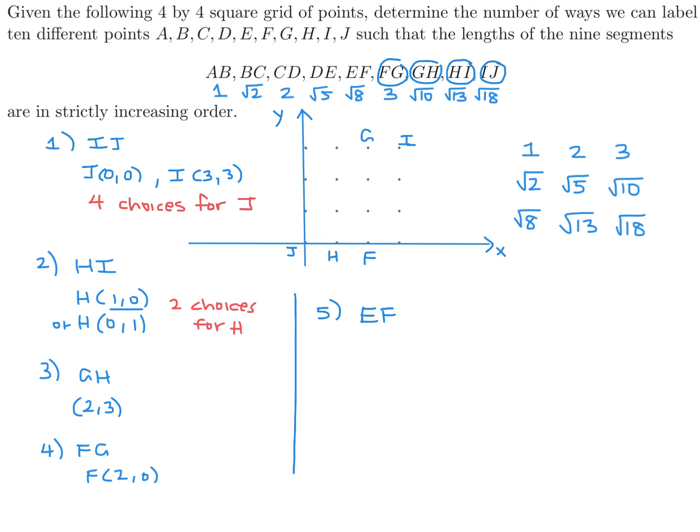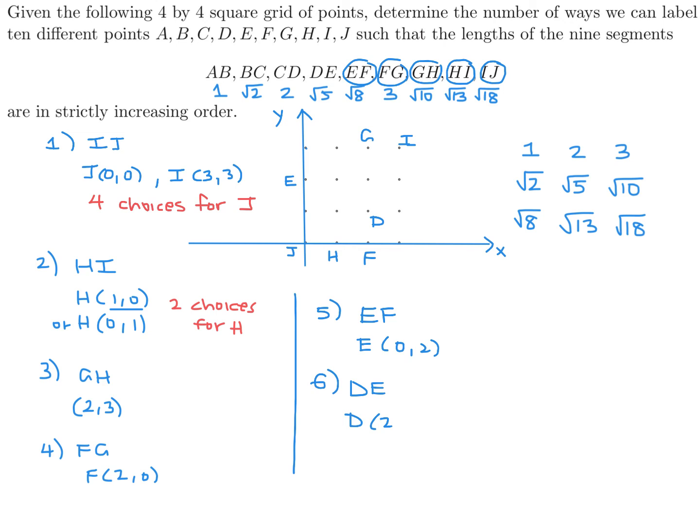In order to achieve that, we put E at 0, 2. So E goes here. And then 6, DE. D goes here in order to make that root 5. So D has the coordinates 2, 1.